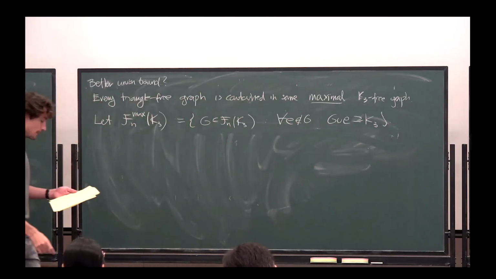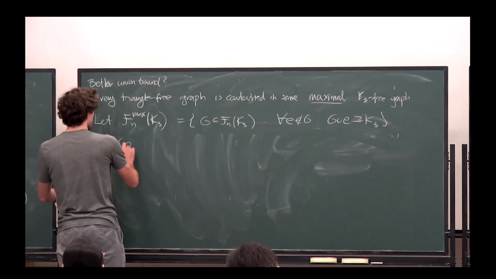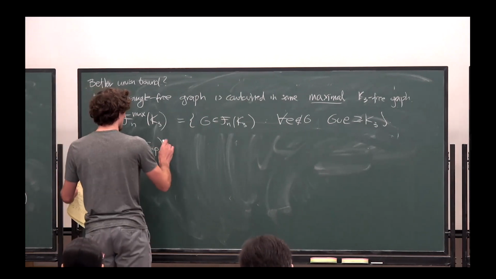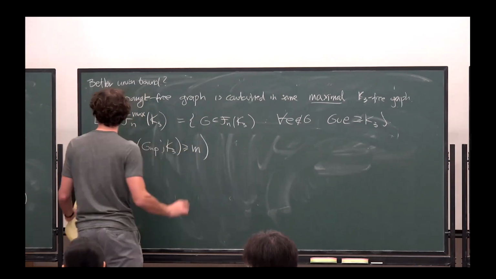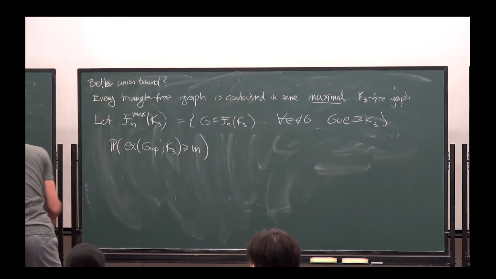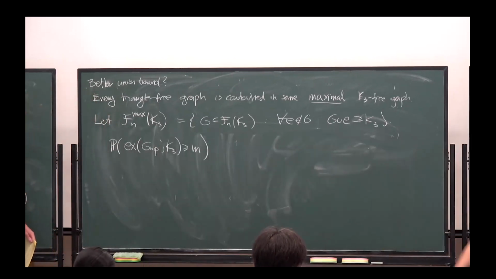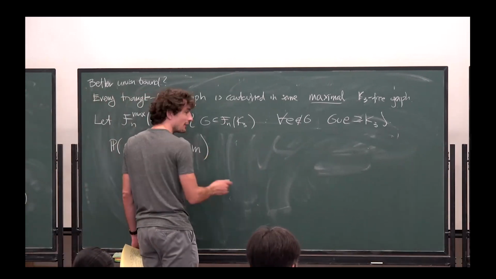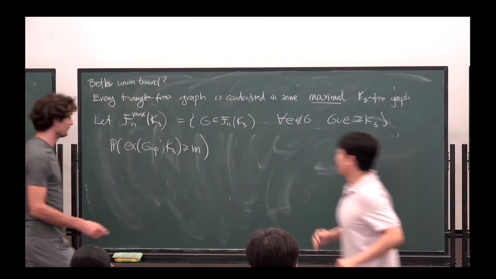And how can we now use this definition or this idea to give an upper bound on the probability that G(n,p) contains a triangle-free subgraph with at least m edges. And actually, this gentleman is a specialist on maximal triangle-free graphs.